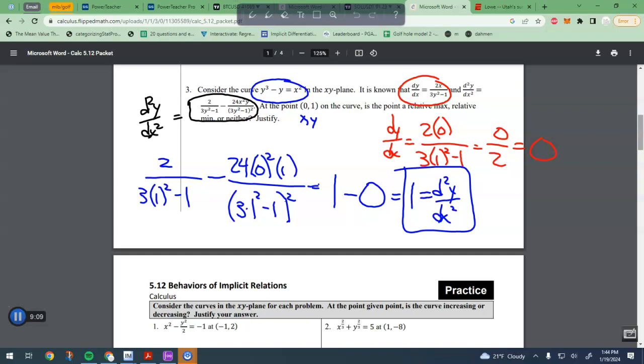It's going to be min because you're at the bottom of the U. So you would say relative min, and if it asks you to justify, which it does, you would say f prime, I'll probably do it like this, dy of dx equals 0, and then the second derivative is greater than 0. And that's your justification.